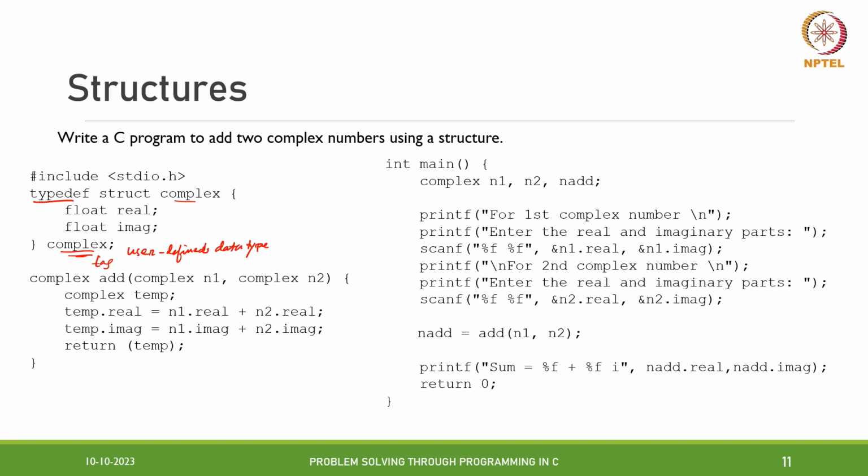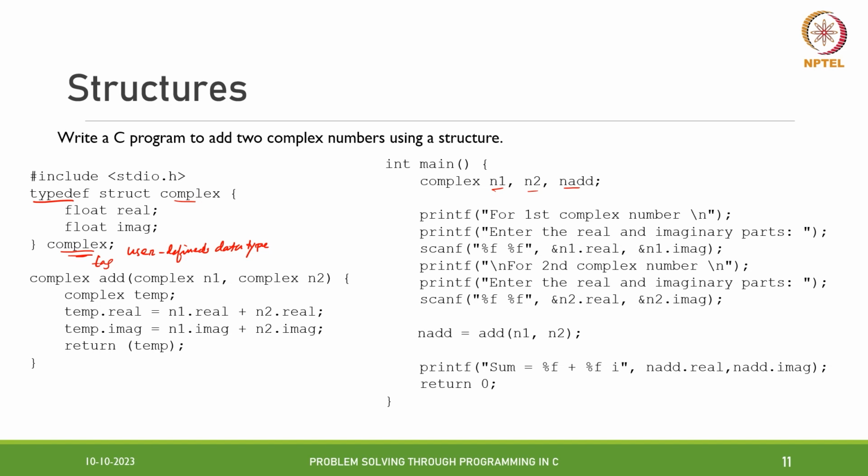In the main function, I take the input from the user for the first complex number, the real and imaginary part, and the second complex number, the real and imaginary part. You can see how I've done that using scanf. I just defined n1 and n2 here, which are complex variables, and n add, which will store the value coming from the add function.